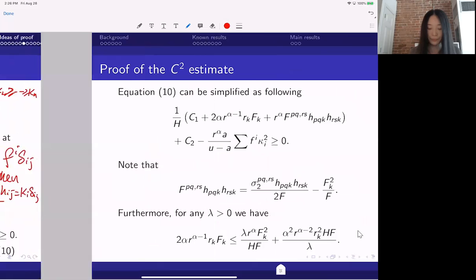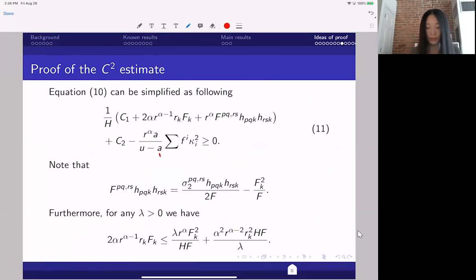Then we essentially want to analyze inequality 11. We can see that this term, despite not knowing exactly what it is, as we said at the very beginning, sigma 2 to the 1 over 2 is a concave functional, which is equivalent to saying that this term is less than 0.